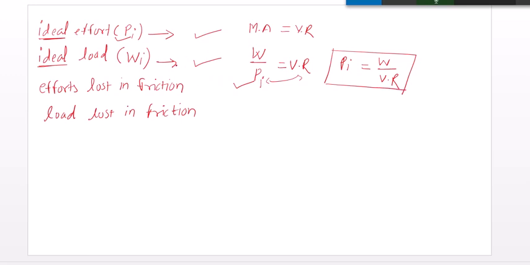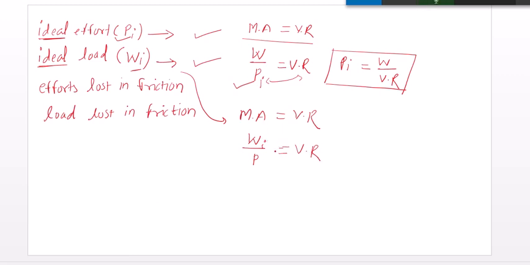Similarly, to find the ideal load, again we use this characteristic, that mechanical advantage is equal to the velocity ratio. What is the mechanical advantage? Load to be lifted divided by efforts applied to lift the load is equal to the velocity ratio. I want to find the ideal load, W suffix I, so give suffix I over here.